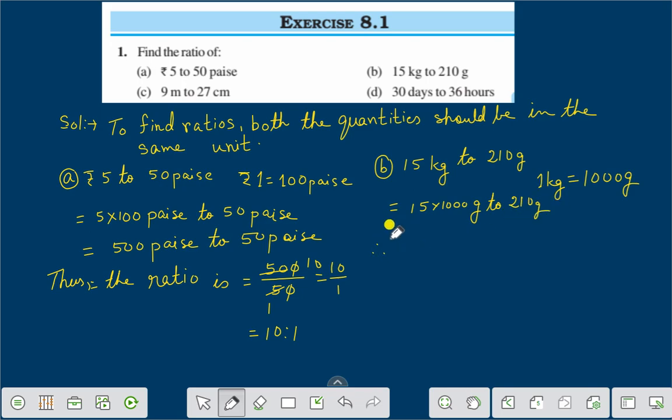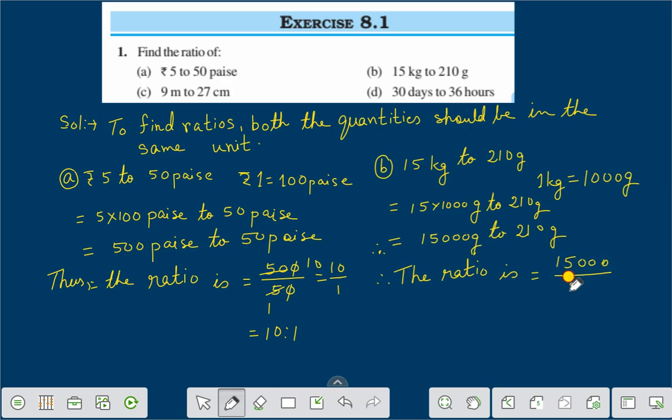Therefore, the ratio is 15,000 gram to 210 gram, right? Therefore, the ratio is 15,000 by 210.